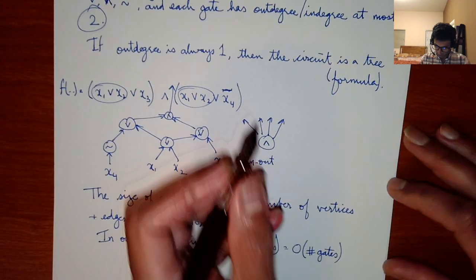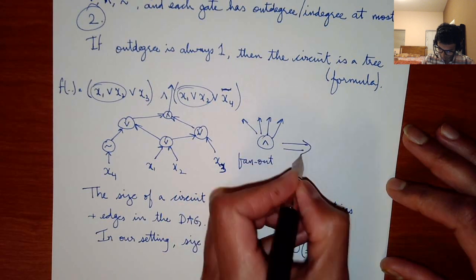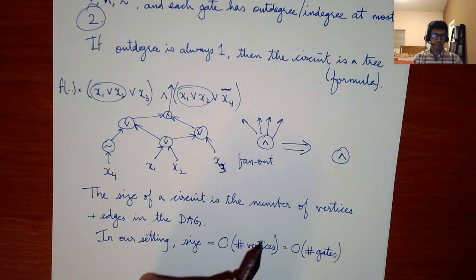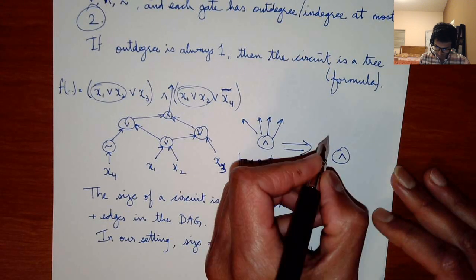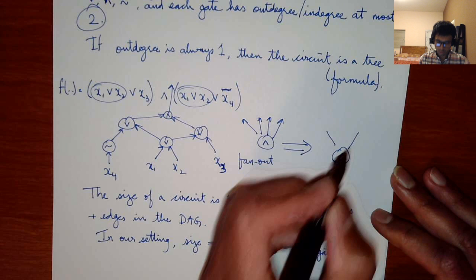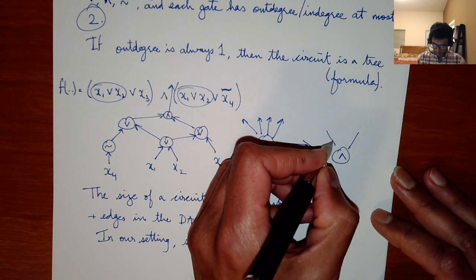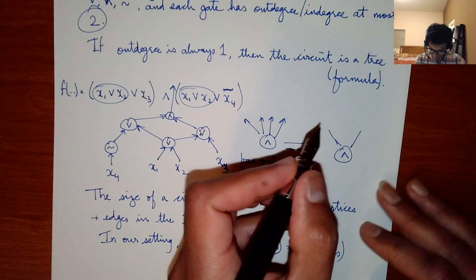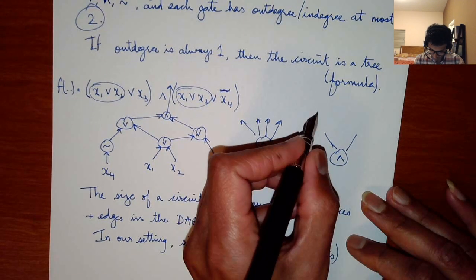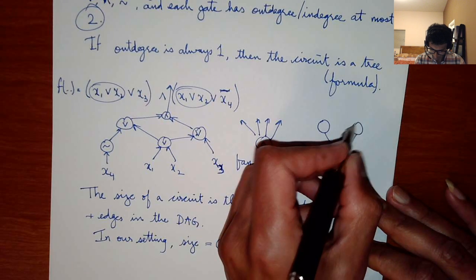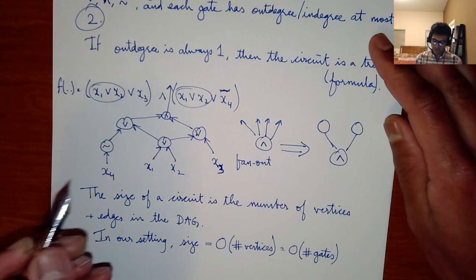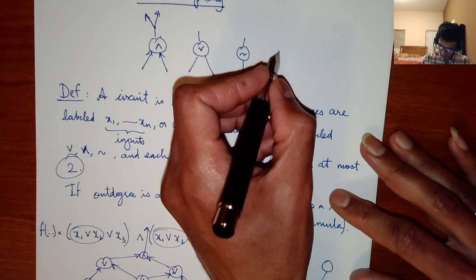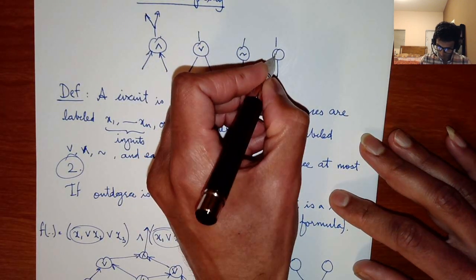So let's just say you had multiple things. You can replace this essentially with a tree-like structure, right? So if you say that there's only 2 outputs, what you can do is, for convenience, we can create a no-op gate.